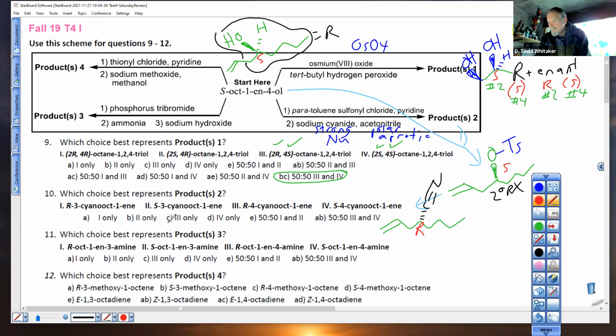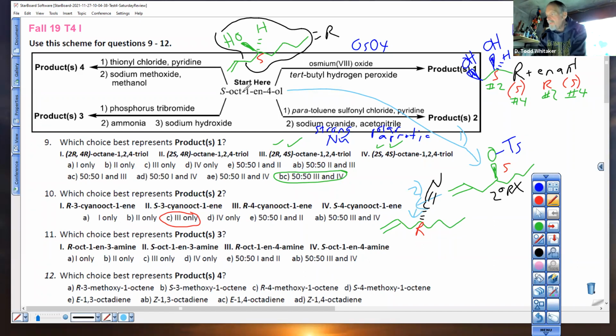That says 3 only is our answer. There we go. You don't get a mixture in an SN2 reaction, that's for sure. Probably have a mixture in an SN1 reaction coming up soon. We'll see. And by the way, that was step 2 that created that species. Step 2 generated this species here.